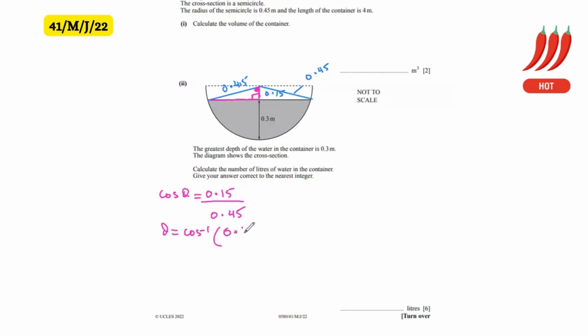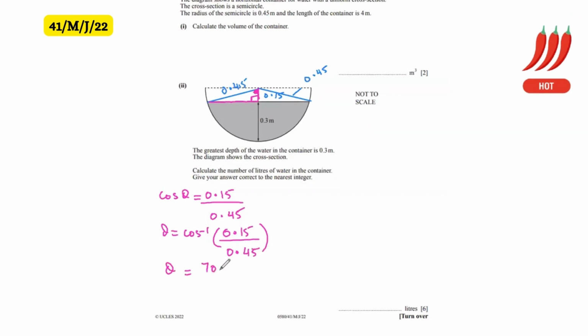So cos inverse of 0.15 over 0.45 equals 70.53 degrees. So now we can find the area of the sector and then subtract the area of the triangle from it to find the area of the cross section where the water is present.